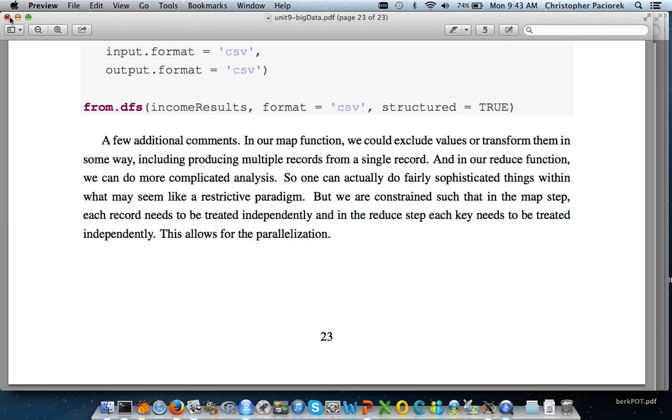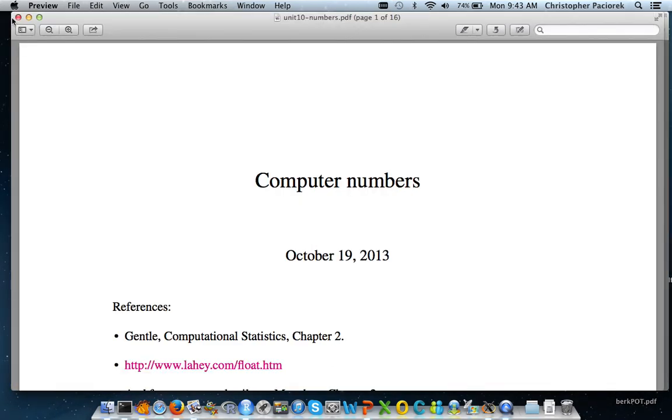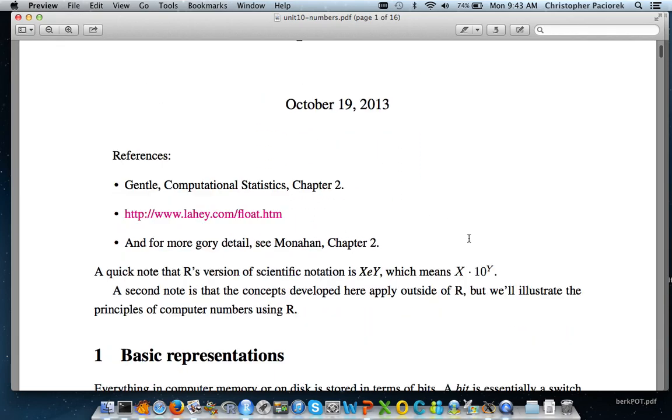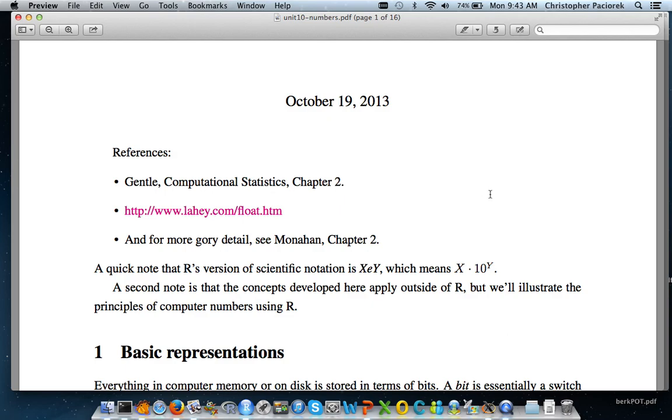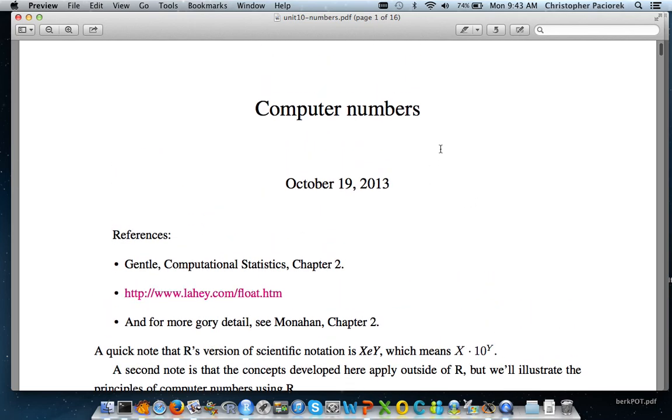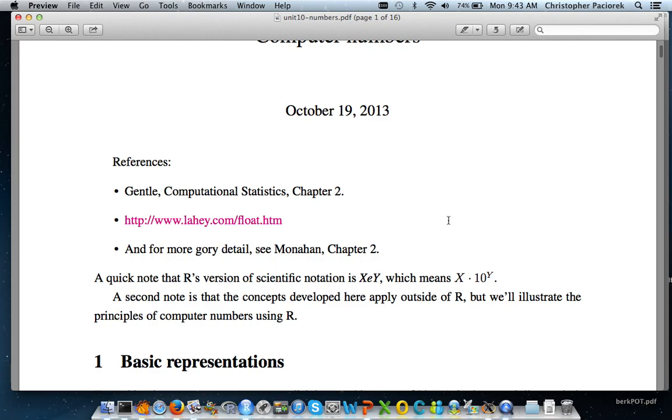Okay, so let's move on to the next unit. We're going to talk about numbers on a computer. This is a funny unit, because we're going to be talking about fairly basic sorts of things, like what happens when you multiply two numbers together.